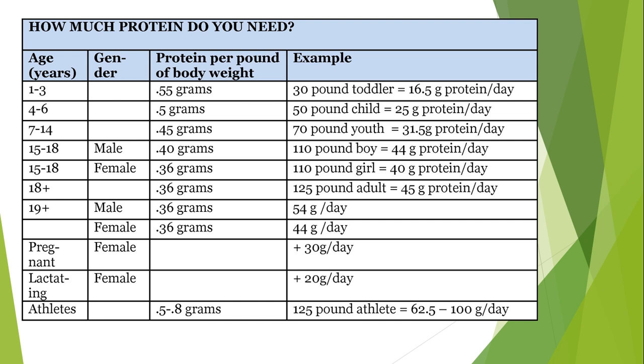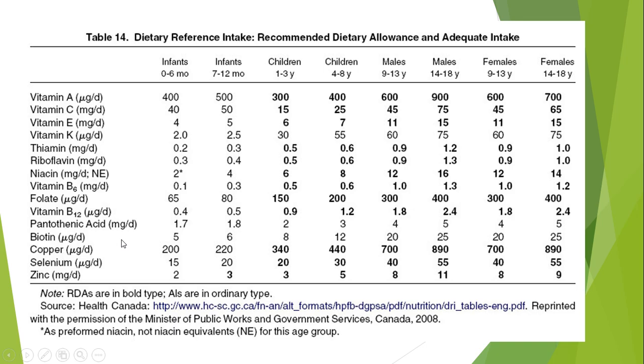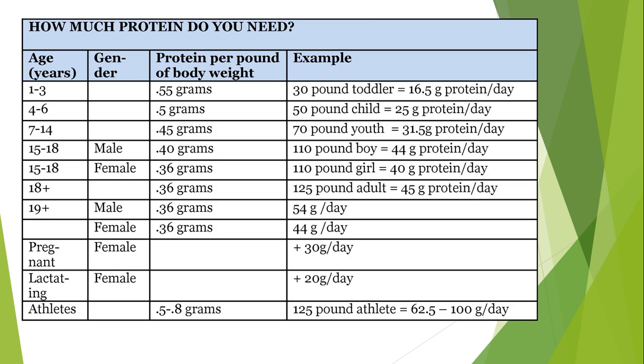Here is another one asking the question, how much protein do you need? Here are the different stages in the life cycle, and now it's mentioned pregnant and lactating, but this also speaks about athletes. And then the gender, that's the next thing that I didn't even mention here. The gender is also here, because you know that the amount of nutrients required for each gender is different, right?